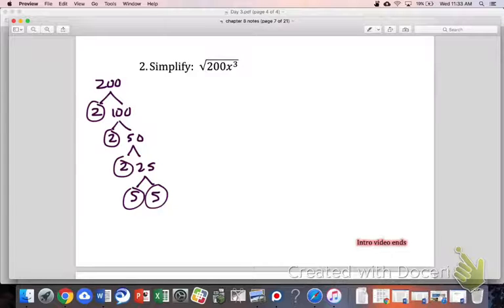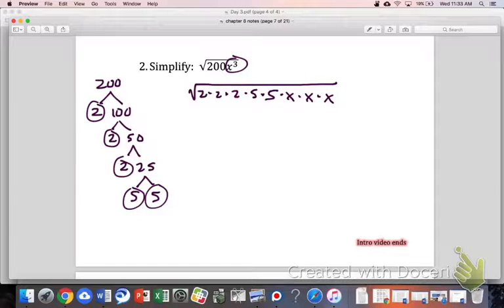So what I could then do is go back and rewrite this, and the 200 would be 2 times 2 times 2 times 5 times 5. I'm just getting that right off of my factor tree. And then the x cubed prime factors would just be times x times x times x. There's just 3 of them there. Okay, so then to start to simplify this radical, I want to go through and look for pairs of like factors.